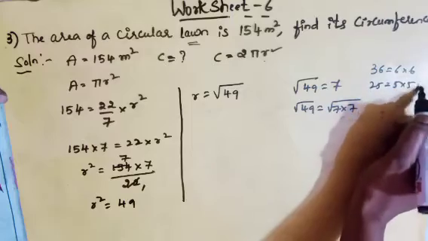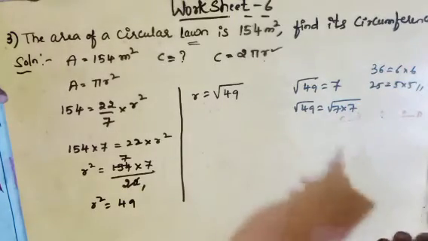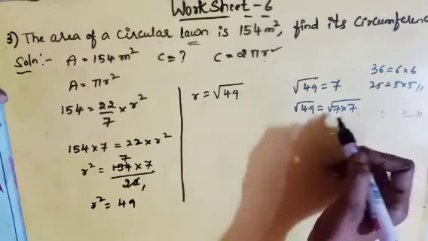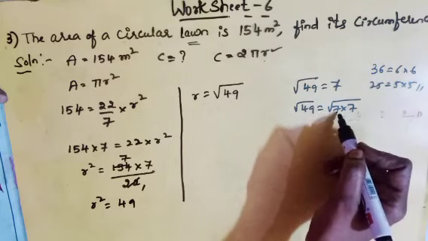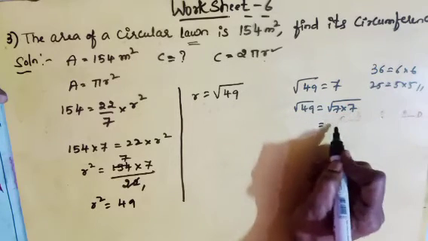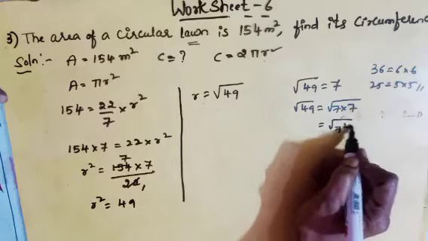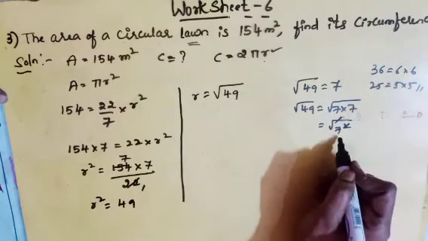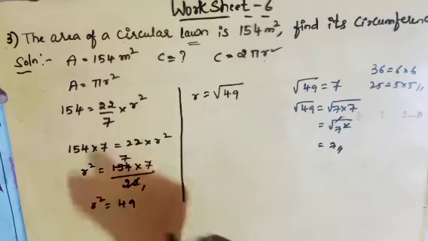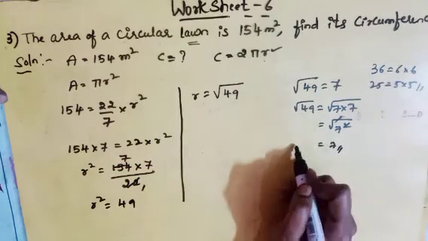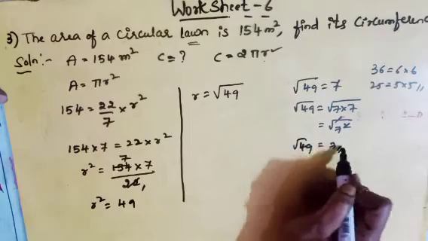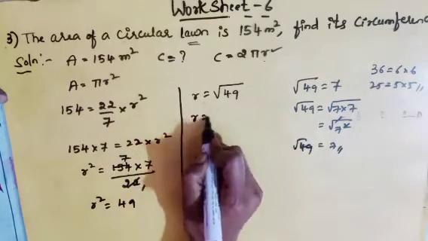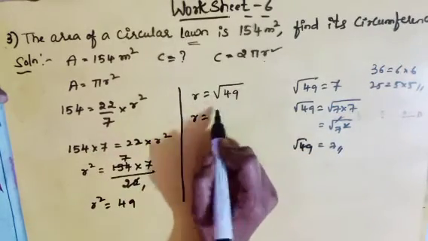So these numbers are called square numbers. 49 as a square number is 7 into 7, which can be written as 7 square. This square and this root will cancel, so we are left with 7. Therefore, the square root of 49 is 7.